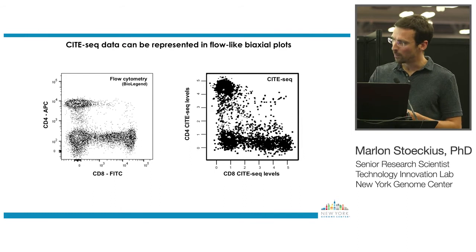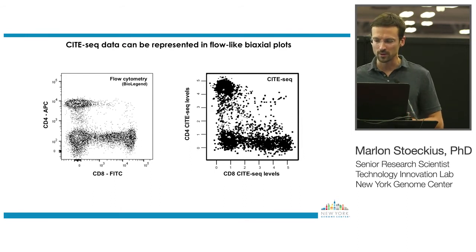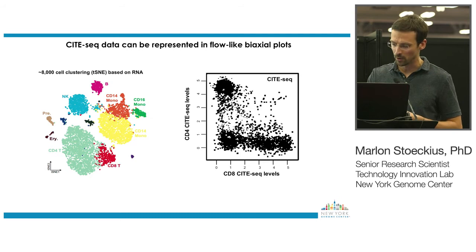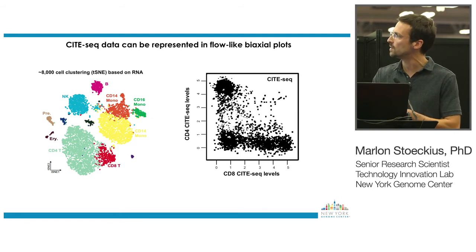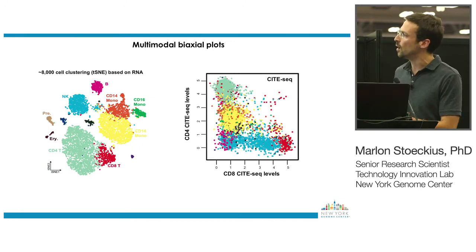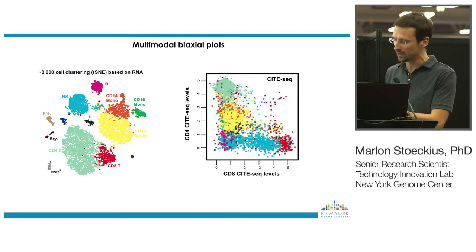But we have more information about all these cells than just the cell surface markers. We also know what RNA expression each cell, each dot, had, and to which cluster these cells belonged. So what we can do is colorize these cells based on the clusters, and then you get a really nice high-resolution picture of the expression levels of the different markers within the immune system.